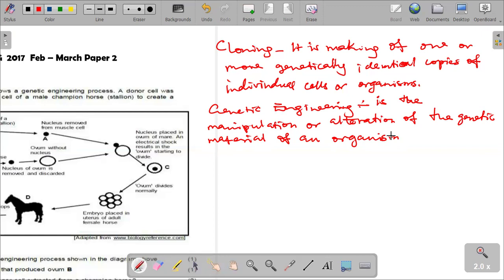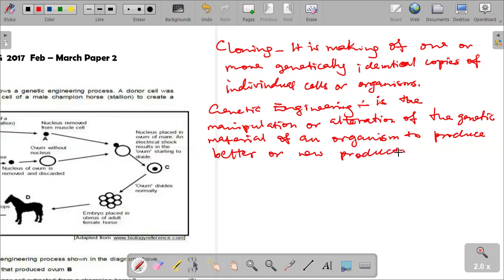It is actually to produce a better or new product.